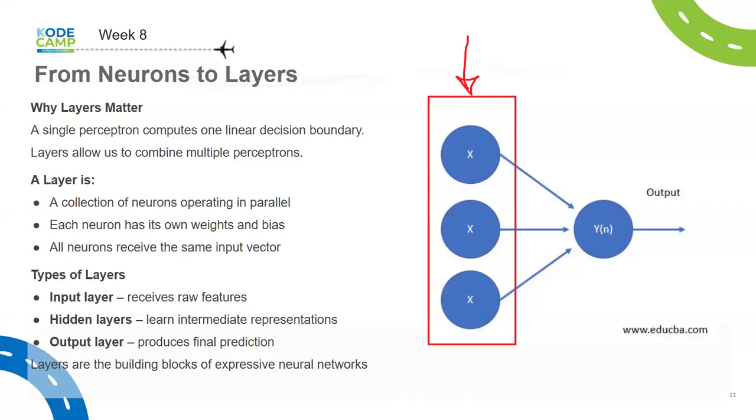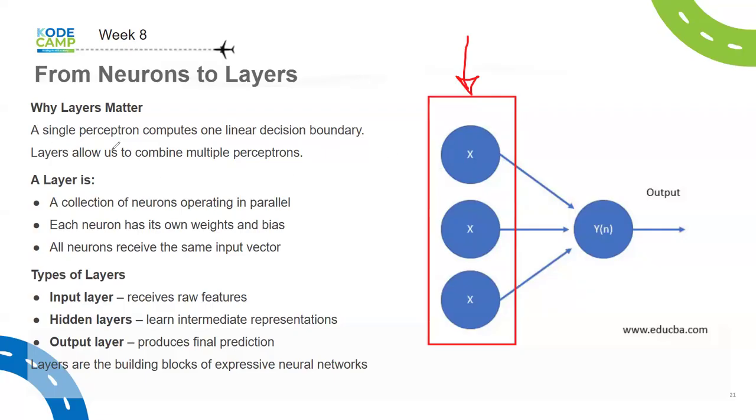It will be very difficult to parallelize such things. So the benefit that we get from considering all the neurons in one layer as a single unit is more efficient computation.